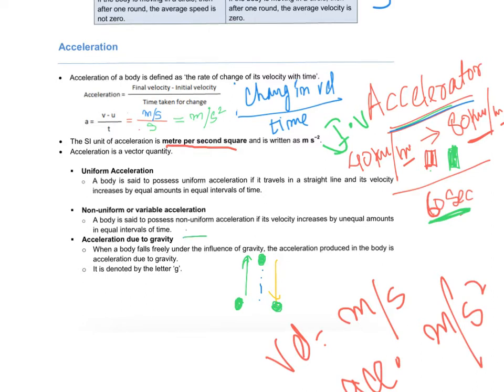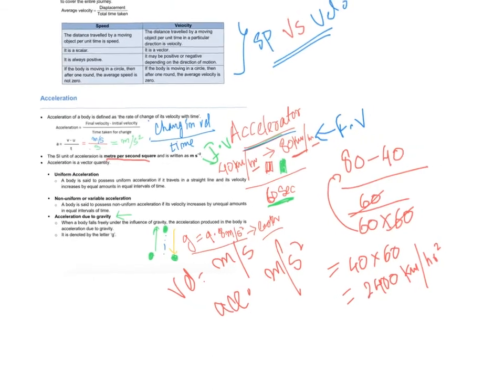This is because of acceleration due to gravity, which we fondly know as g, and we know this is 9.8 meter per second square on Earth. If you go to the Moon, it will become one sixth of that. We use this g when we find the weight of a body, because weight is equal to mass into acceleration due to gravity. So that brings us to the concept of acceleration.